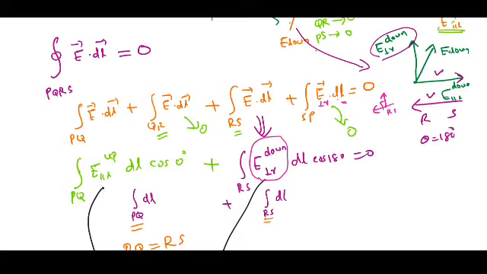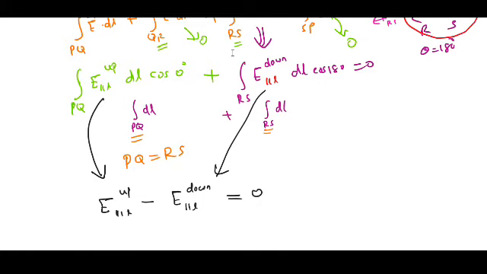This angle will be 90. Therefore, this E perpendicular component does not contribute to the electric field. Therefore, this should be E parallel. If you check here, only this E parallel contributes. Therefore, this should be E parallel down.